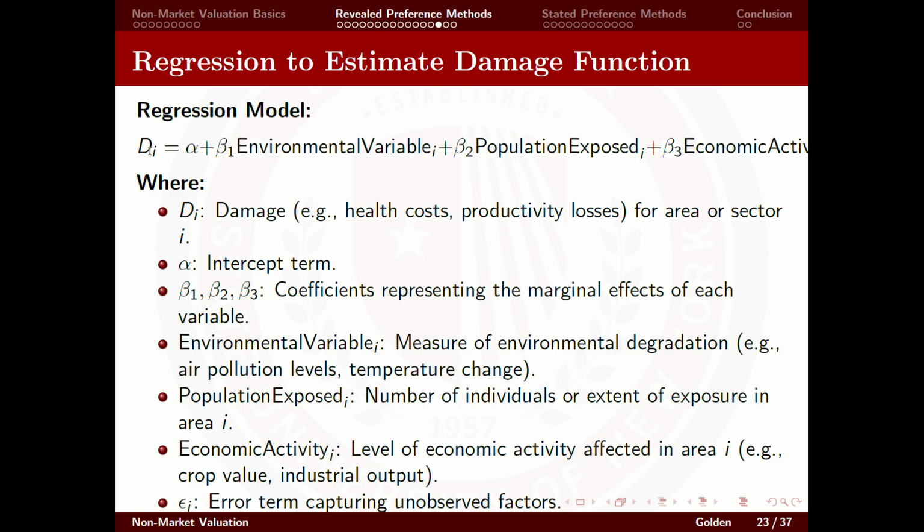So D_i, which is the damage, health costs, and productivity losses for area or sector i, is equal to alpha, your intercept, plus beta 1 times whatever environmental variable you're looking at, plus beta 2 times the population exposed, plus beta 3 times the economic activity. So we're creating a damage function. Last time, in cost-benefit analysis, we talked about damage functions, and here's how you estimate them.